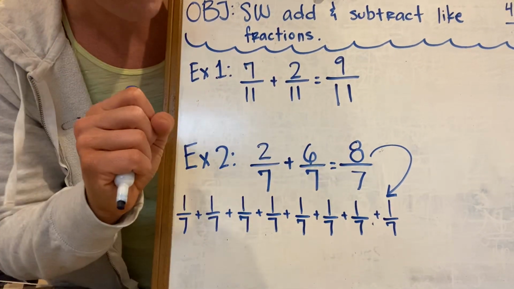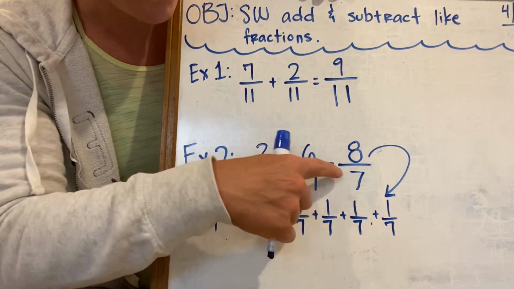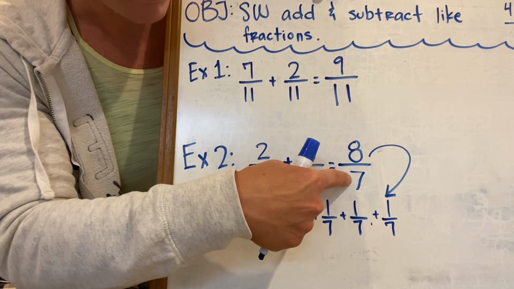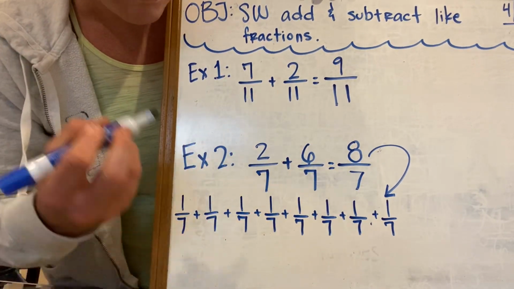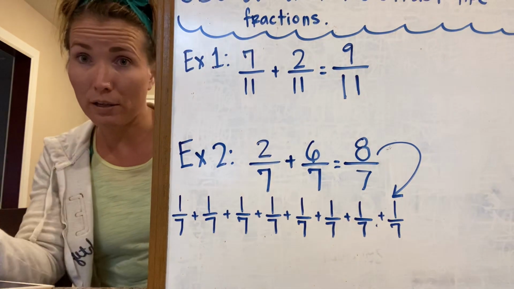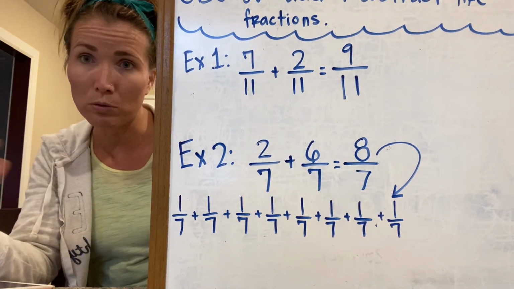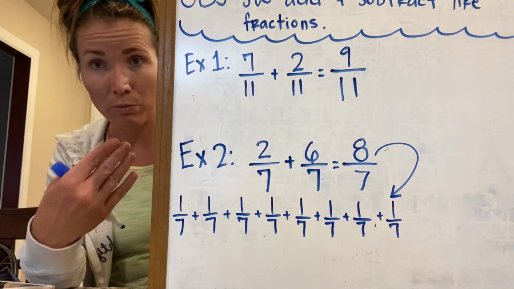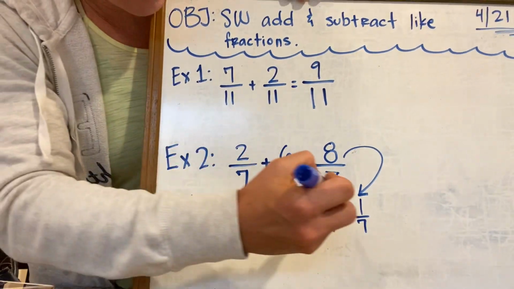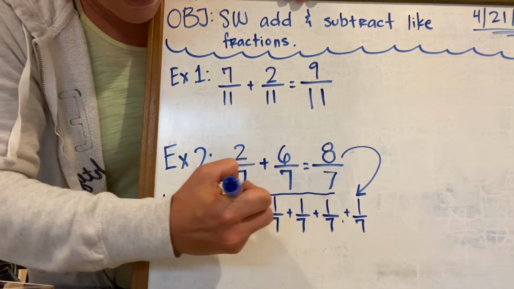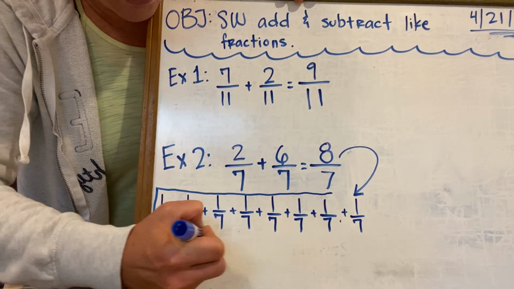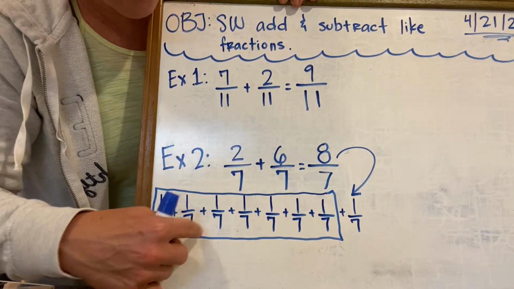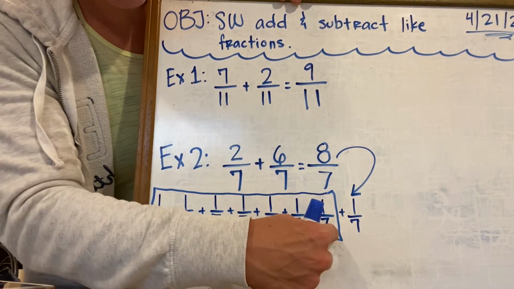But what happens if I just look at the denominator and tell myself, okay, that's 7. Now, what's the same as 1 in a fraction? 2 over 2, 3 over 3. In this case, 7 over 7 would be 1 whole. So I'm gonna take 7 of these 1 over 7ths: 1, 2, 3, 4, 5, 6, 7.